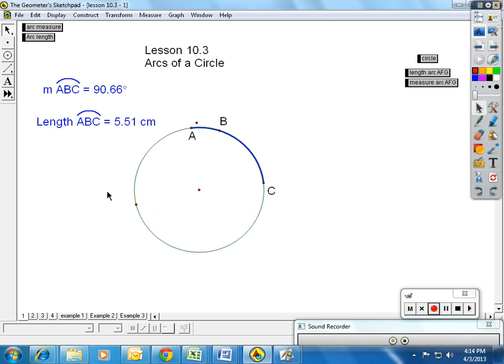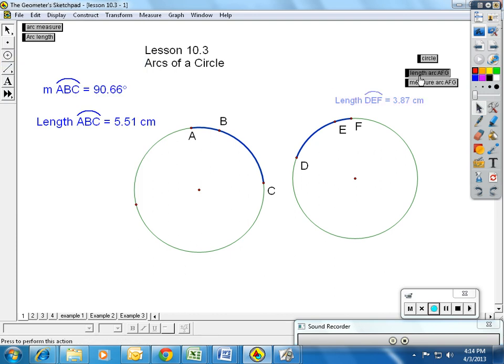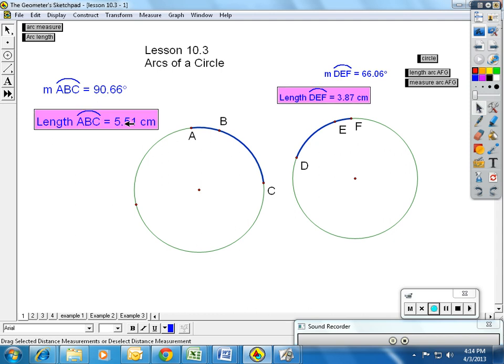So if we now talk about congruent arcs, which is what we want to address and we'll be using, what's it take to have congruent arcs? Well, I can create arc lengths that are the same. I'm going to try to do that. I'm going to try to make these two lengths the same.